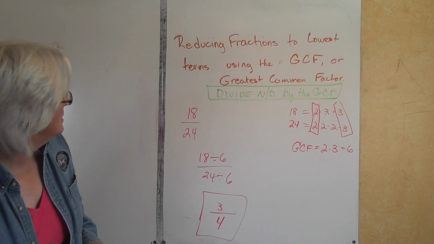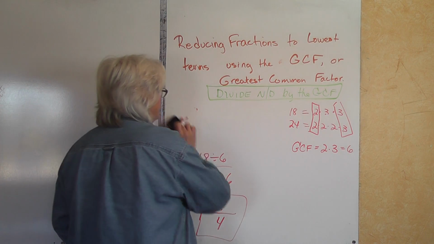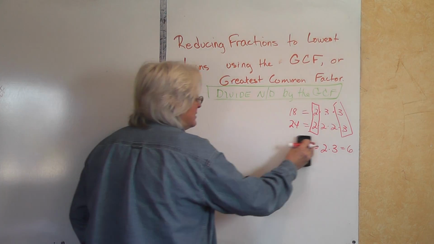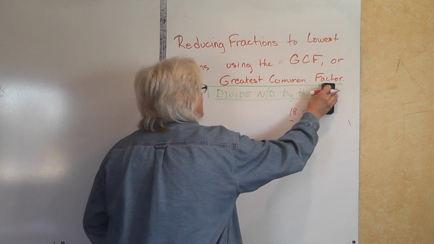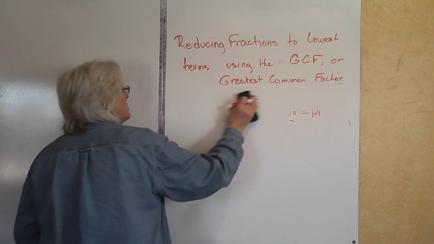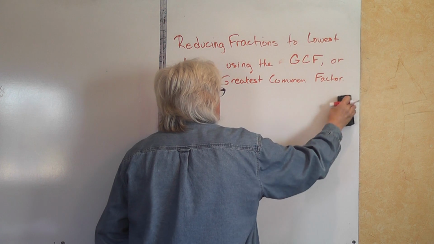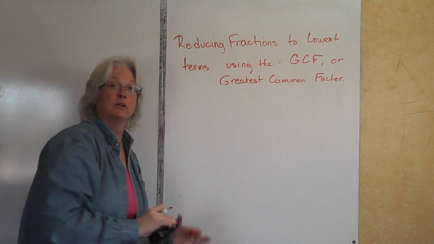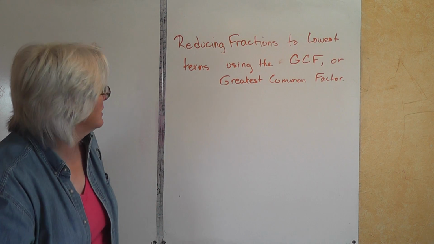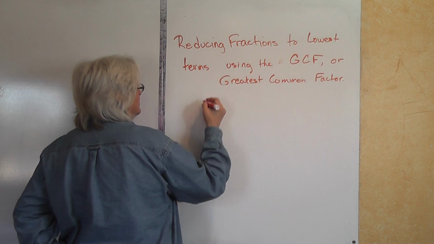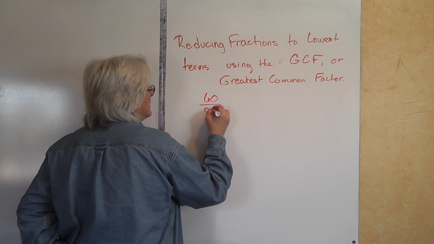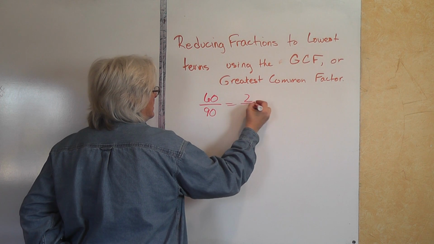Okay? Now let's do one more. And I want to show you how we can use exponential notation to guide us when we are reducing a fraction to lowest terms using the greatest common factor. Let's say that we want to write 60/90ths in lowest terms.